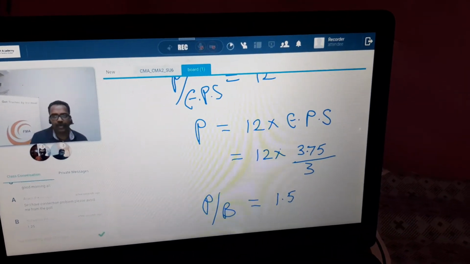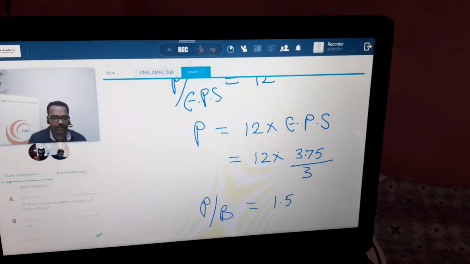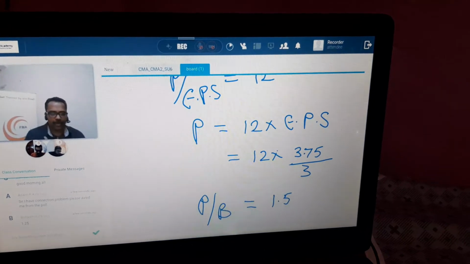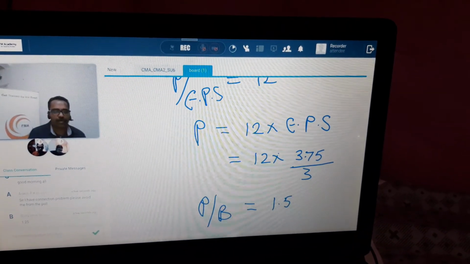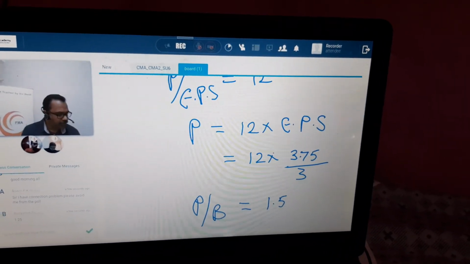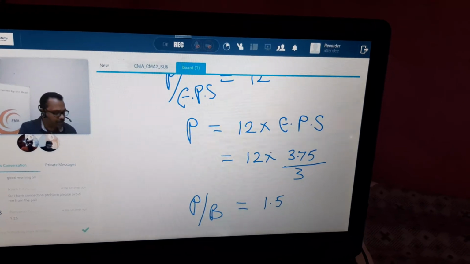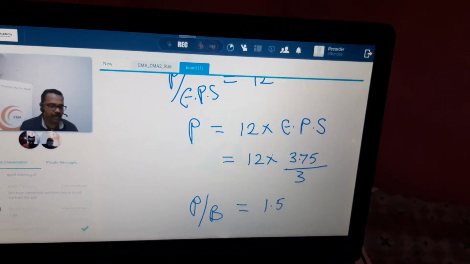What is the estimated value per share? If you want to look at a particular share, normally people compare the book value. Against the book value, what is the market price? So here you have to find out the book value per share. How do you find out the book value per share? You have to total all your shareholder equity. Remember, if there is any preference share, you have to exclude it.